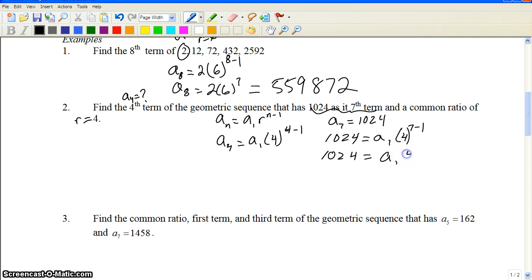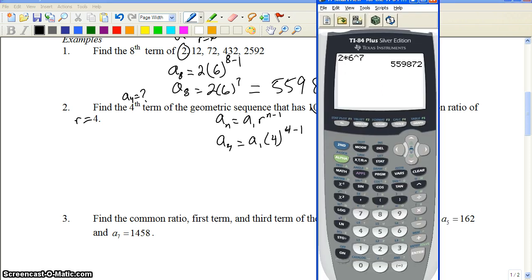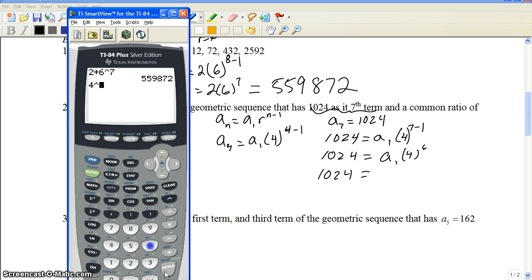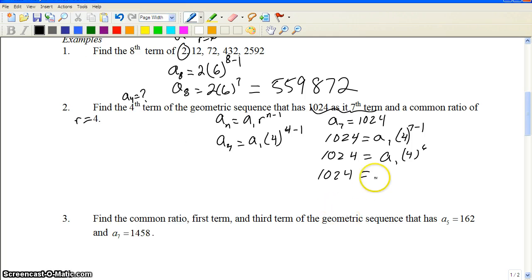That becomes 4 to the 6th power. I don't know what 4 to the 6th power is. What is it? 4 to the 6th power is 4,096 times a sub 1. Then divide by 4,096 and you can find the first term, which becomes, what does it become, 1/4? Right? You get a sub 1 is 1/4.